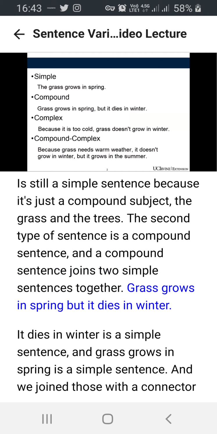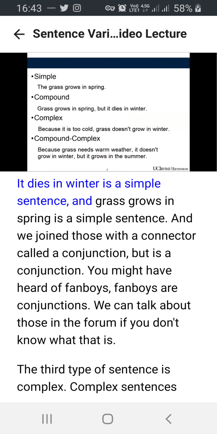Grass grows in spring, but it dies in winter. It dies in winter is a simple sentence, and grass grows in spring is a simple sentence, and we joined those with a connector called a conjunction. But is a conjunction. You might have heard of fanboys. Fanboys are conjunctions. We can talk about those in the forum if you don't know what that is.